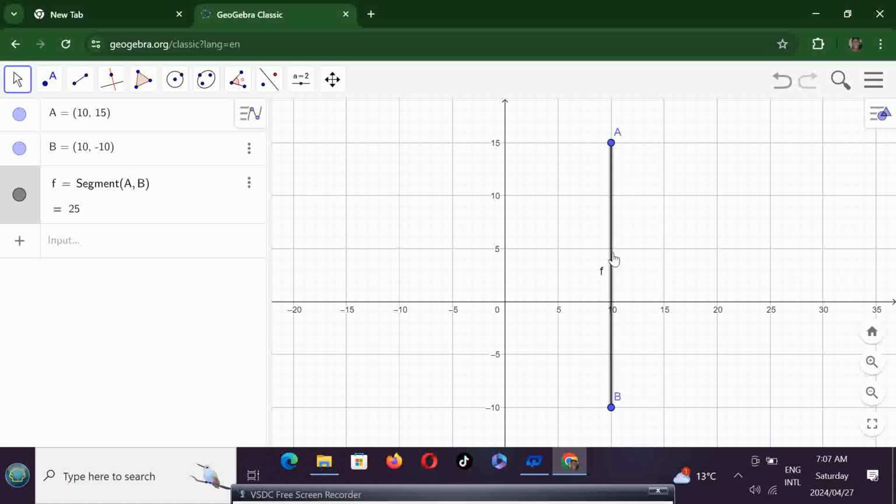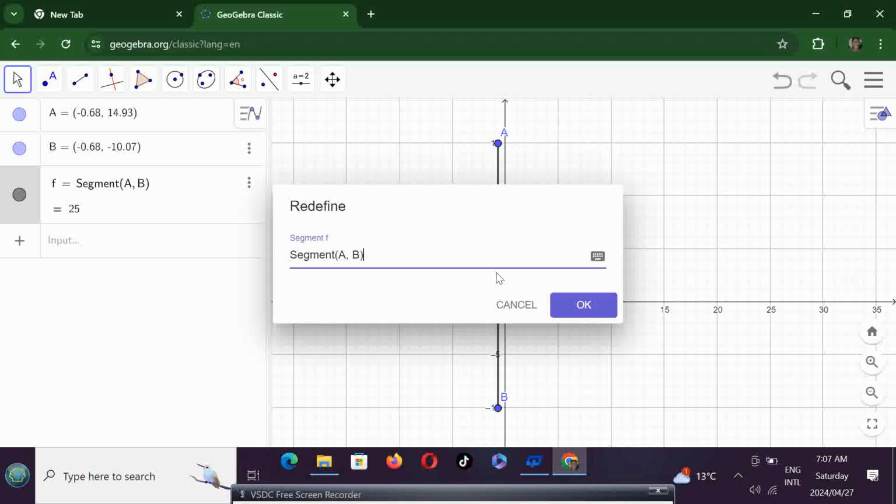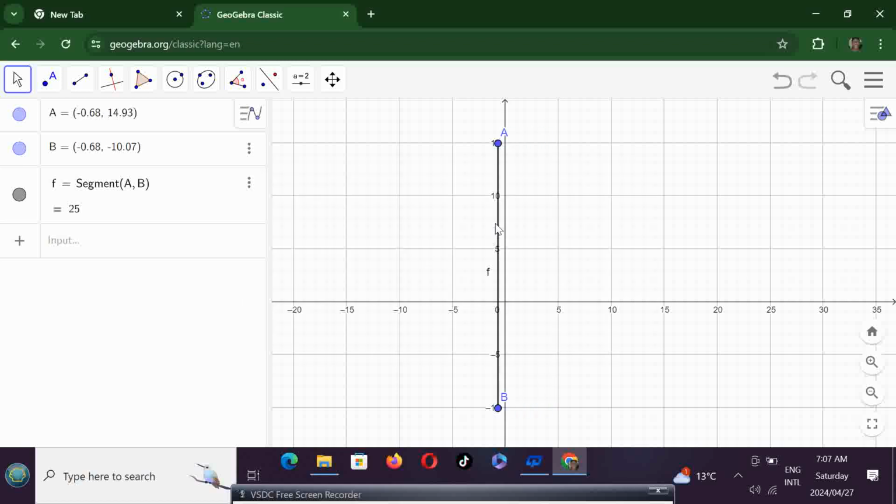You can see that both x coordinates for A and B have become 10 now. It's because we moved to the left. If you keep on moving this line, now the x coordinates are 5, and eventually it's going to get to a point where the x coordinates are 0.